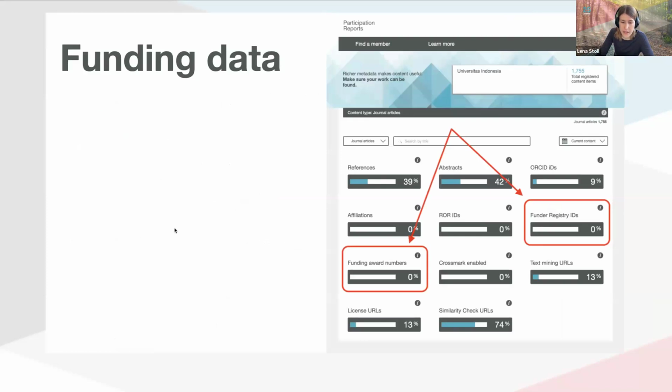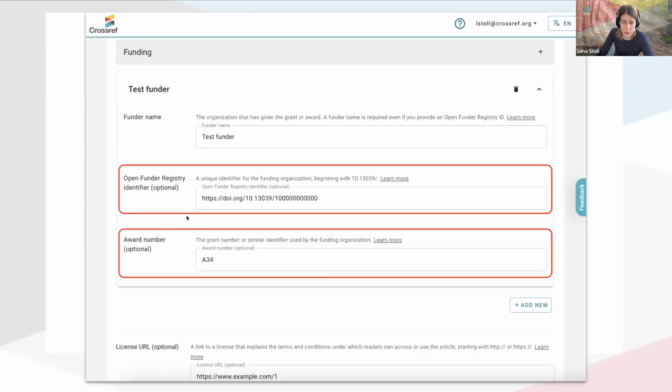Funding data deposit is also built into the tool. We very briefly saw this already before. You can input here from the Crossref Open Funder Registry an identifier. We don't really have time to talk about that in detail now, but you can find out more in our documentation.